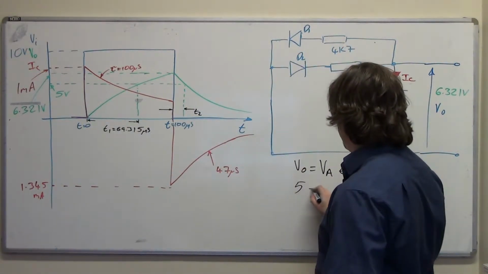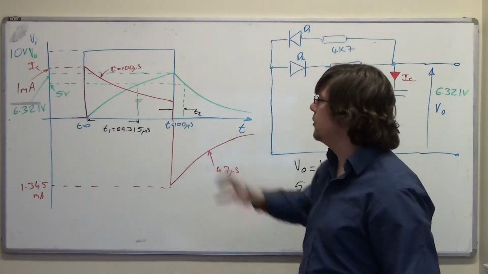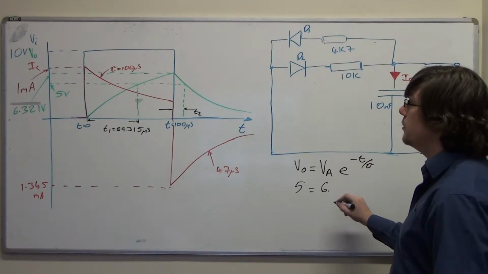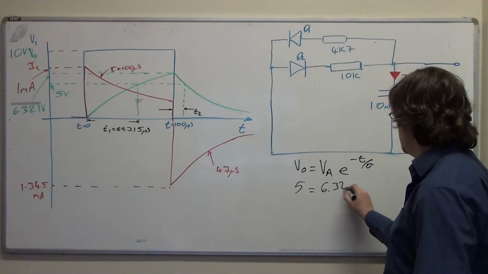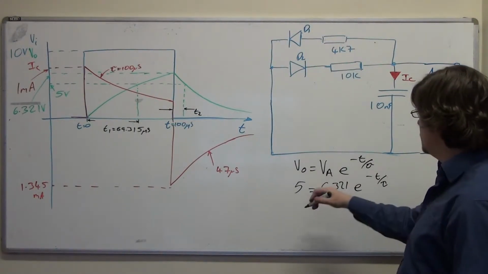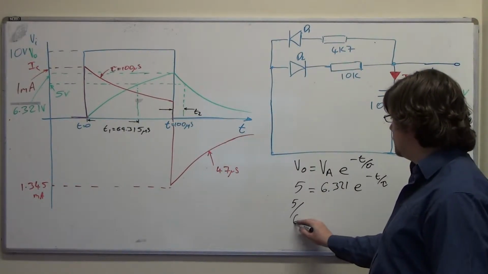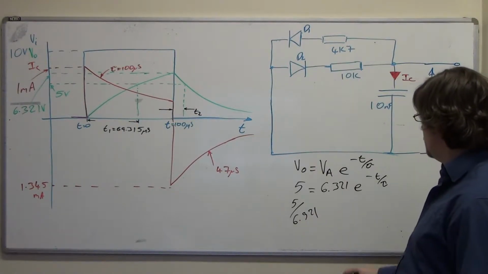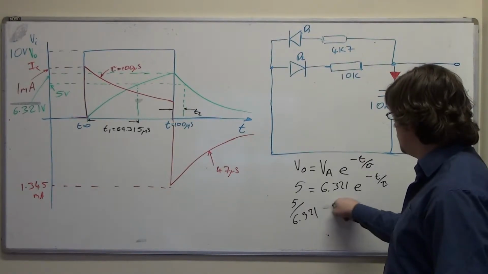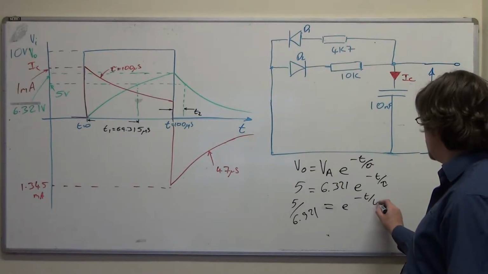It's decaying towards 0, but the interesting point is when it gets to 5. So 5 is equal to 6.321 e raised to the minus t upon tau. We'll divide both sides by 6.321 to yield 5 upon 6.321 is equal to e raised to the minus t upon tau.